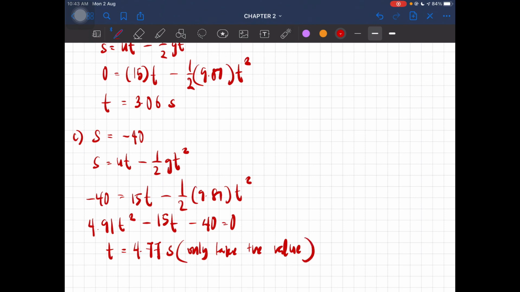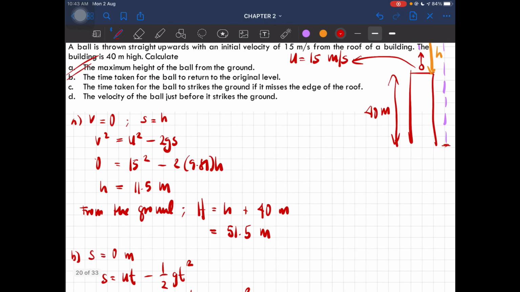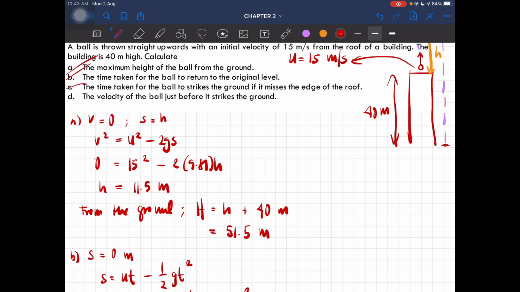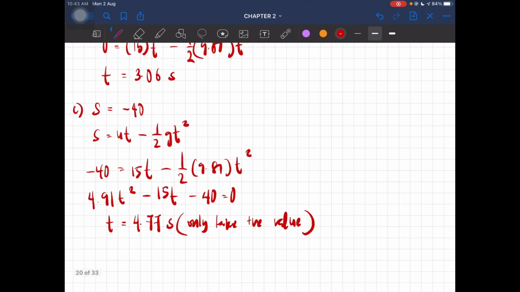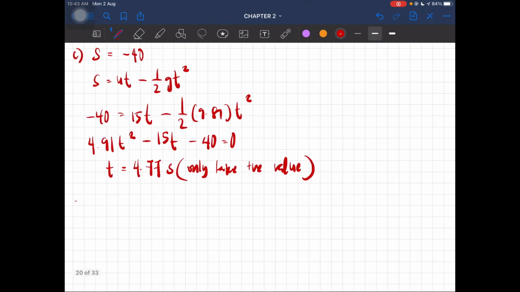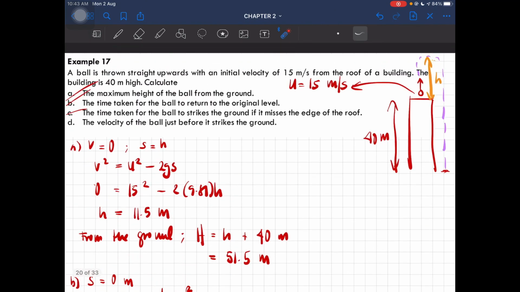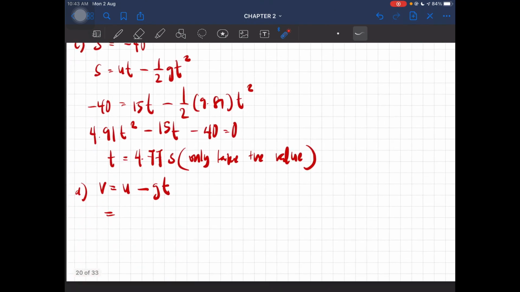Okay, so question D, last one. The velocity of the ball just before it strikes the ground. In that case, before it strikes the ground, we can just calculate using v equals u minus gt. The time we are using is 4.77 seconds, which is the time for the ball to reach the ground.